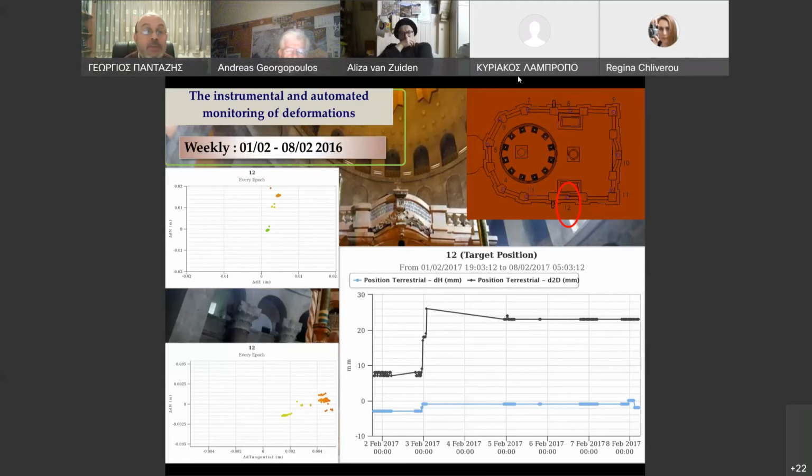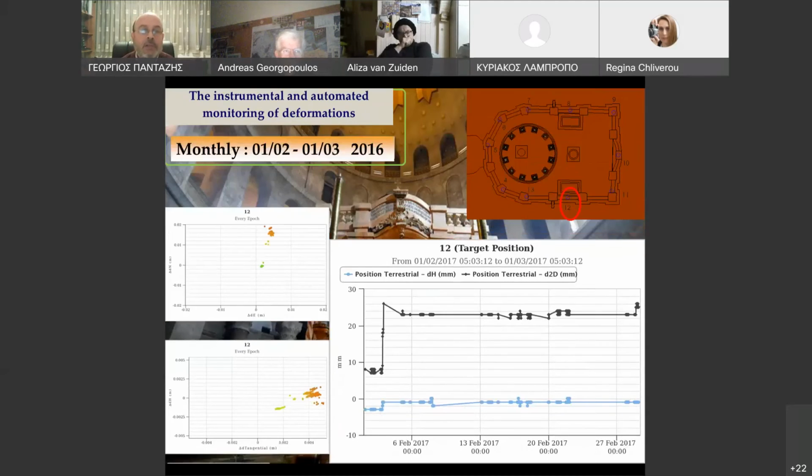These systems worked about 6 months daily during the rehabilitation work. The monitoring was carried out from about 7 o'clock at night to 5 o'clock in the morning.